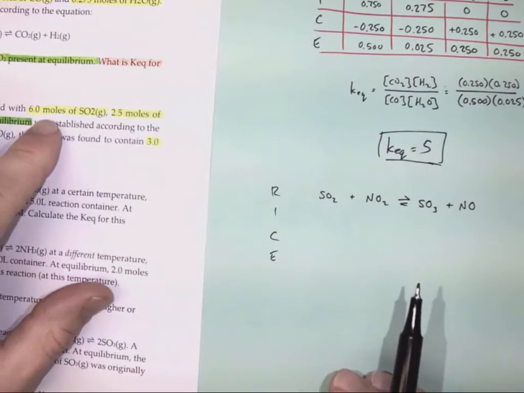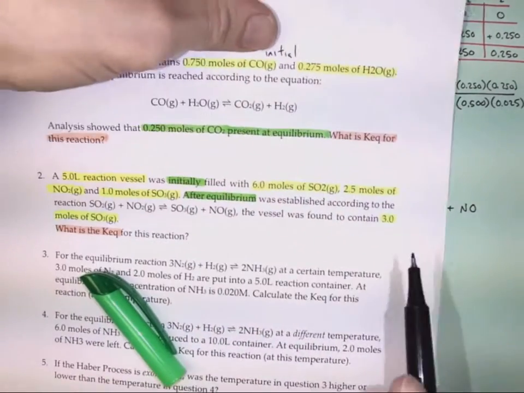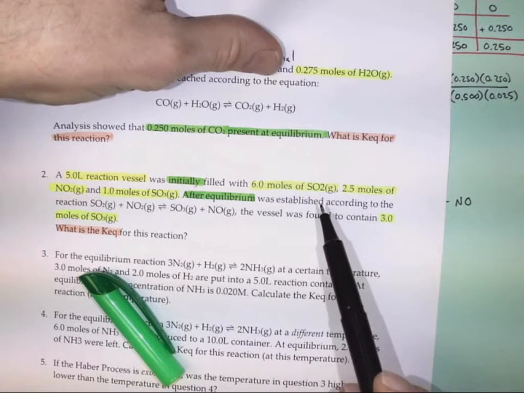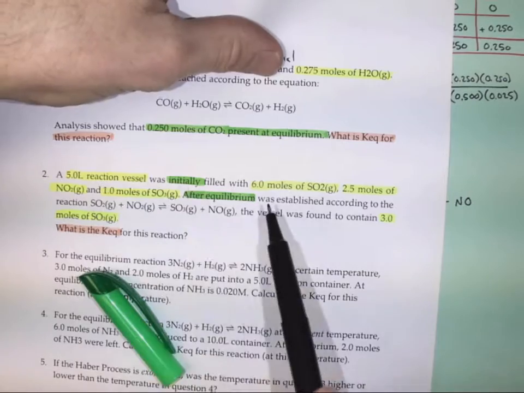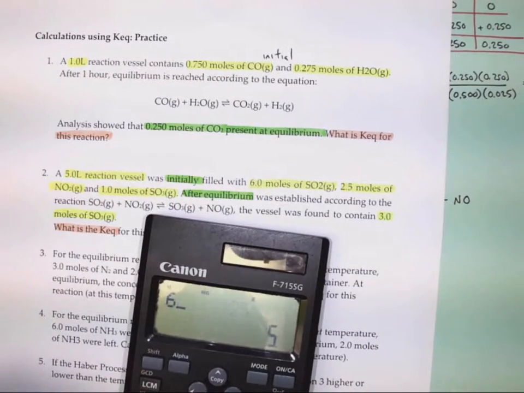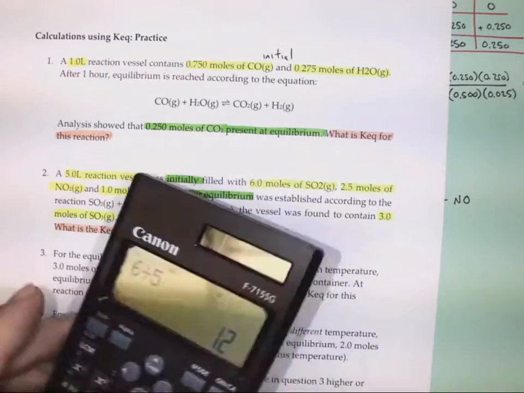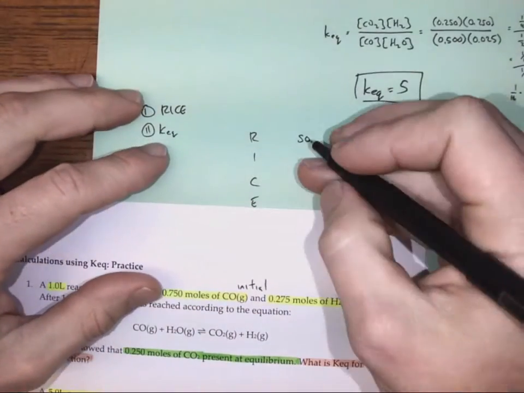We're told that there are 6 moles of SO2, but it's actually 6 moles for every 5 liters. So that ratio is 1.2 moles for every liter, so 1.2 molar, and that's the concentration.